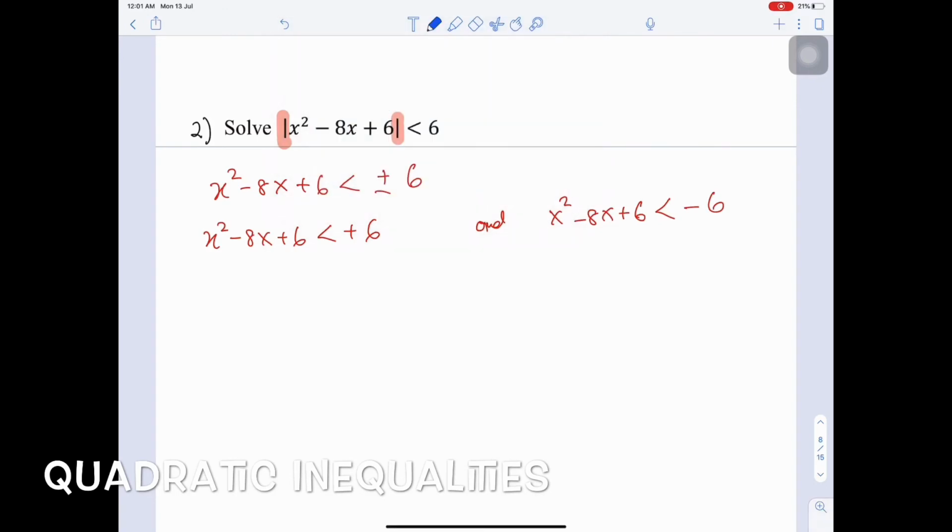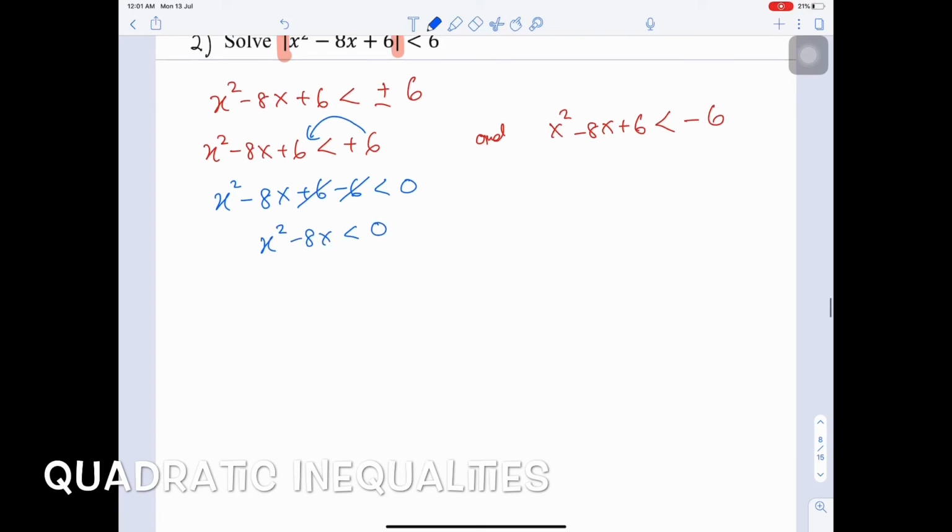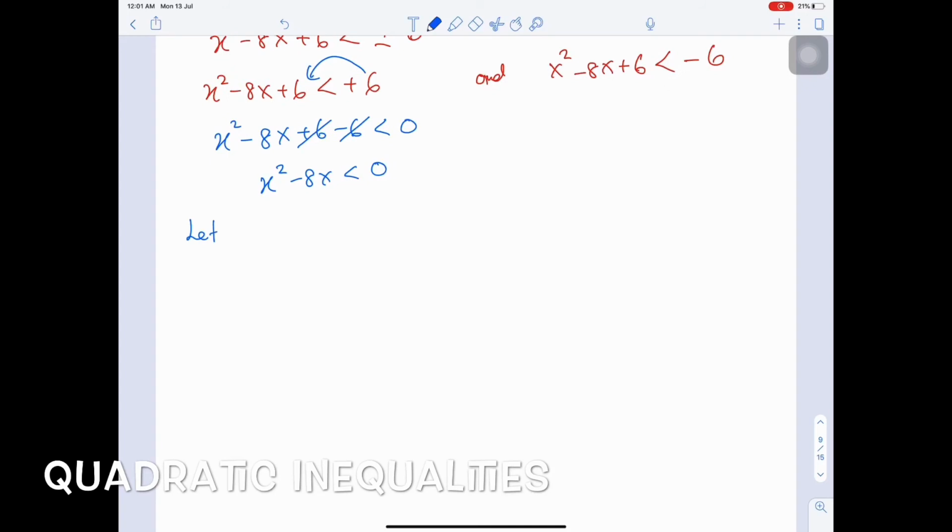Let's solve the first one. Bring to the left, so x squared minus 8x plus 6 minus 6 less than 0. This is cancelled, so x squared minus 8x less than 0. Factorize x: x times x minus 8 equals 0. Therefore x equals 0 and x equals 8.